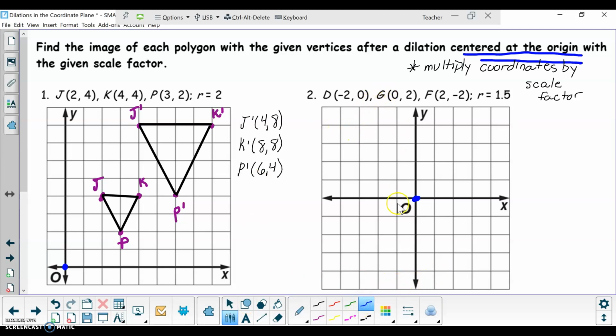Okay, so first I'm going to graph my original triangle. So point D is negative 2, 0. G is 0, 2. And F is 2, negative 2.